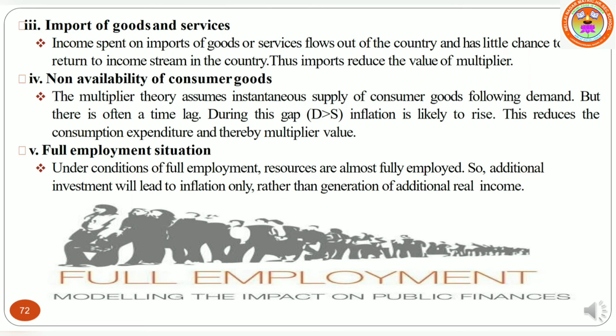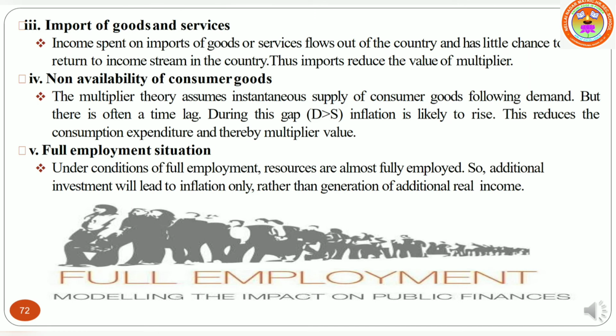Such expenditure fails to affect the consumption of domestic goods. This argument can be extended to net imports when there is an excess of imports over exports, thereby causing a net outflow of funds to other countries.